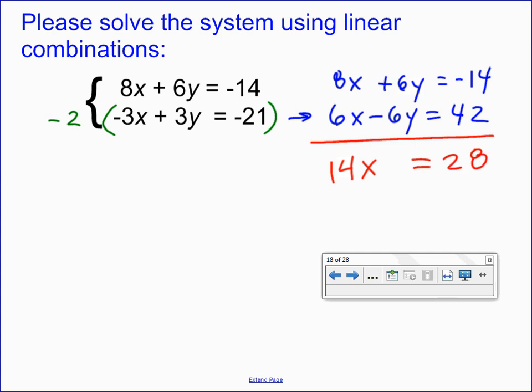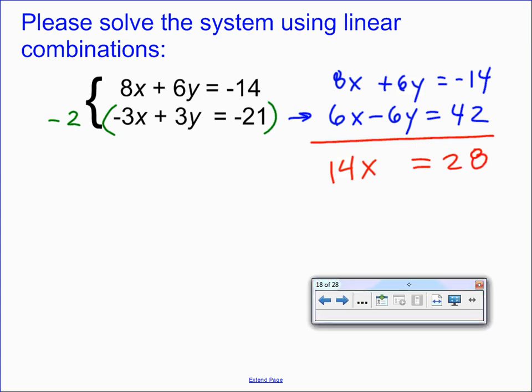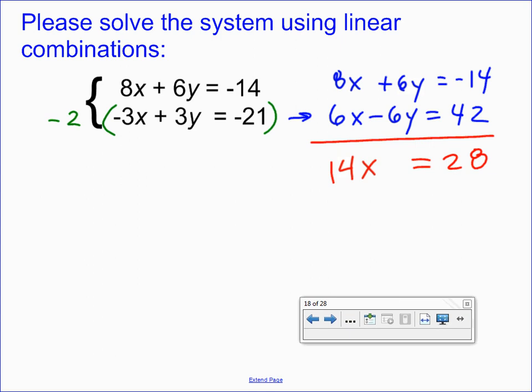So it looks like x equals 2. I can go back into either one. I'll go to the top because it was positive. So 8 times x plus 6y equals negative 14, except I'll put in 2 for x.